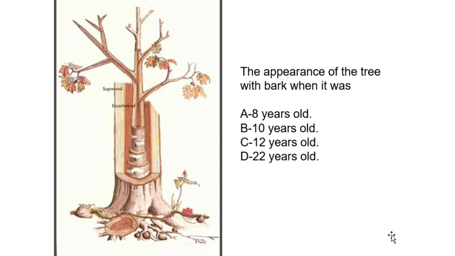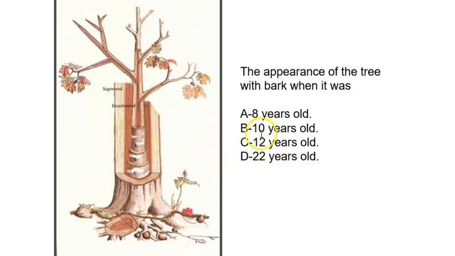Here, this is just a nice image that illustrates this point. So here we have an 8-year-old tree, just a little twig, and then as it's growing, it's consuming the sapwood, consuming what is the heartwood on the inside, and everything that was at one point sapwood is becoming heartwood.